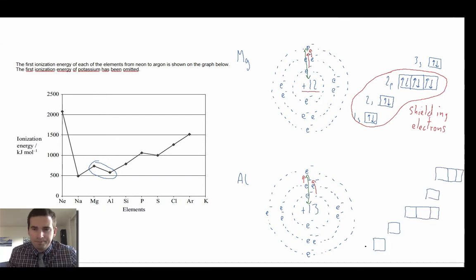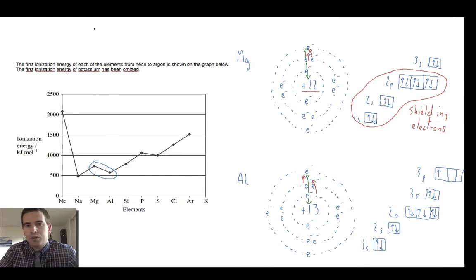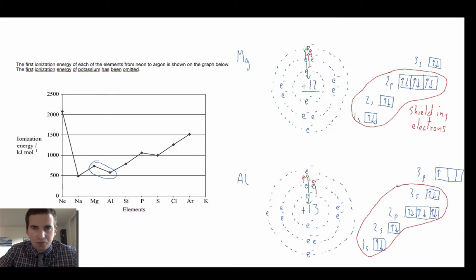And for aluminium, 1s2, 2s2, 2p6, 3s2, 3p1. Now because we've moved into the 3p subshell, the 3s subshell is actually slightly lower in energy than the 3p, hence it is slightly closer to the nucleus. This means that we do actually get a little bit of shielding from these 3s electrons.